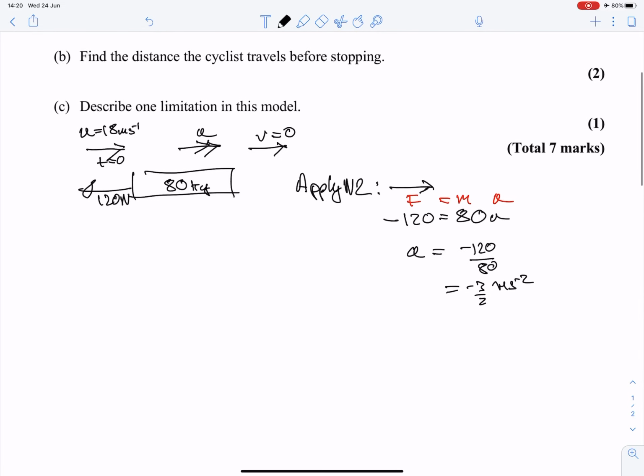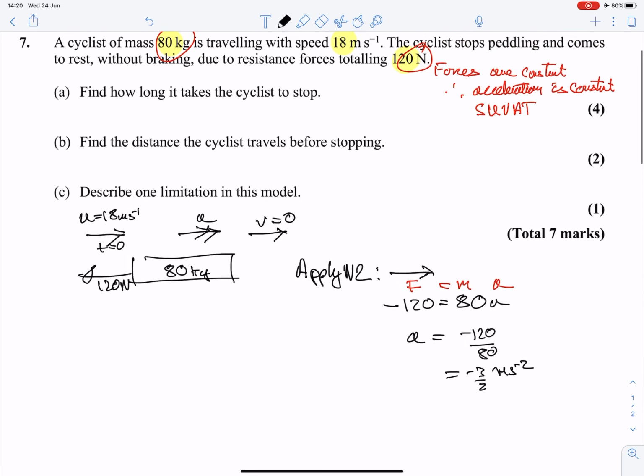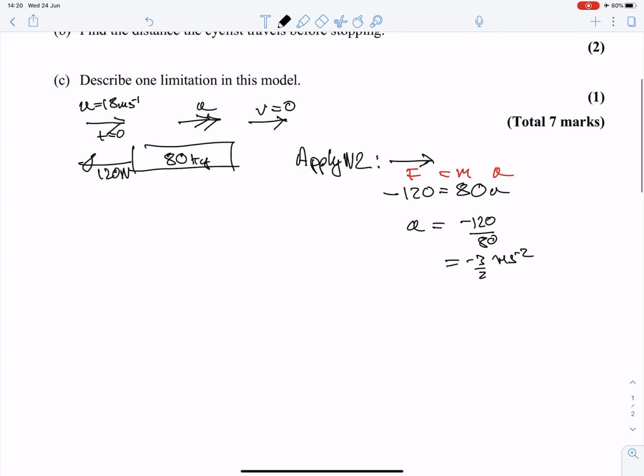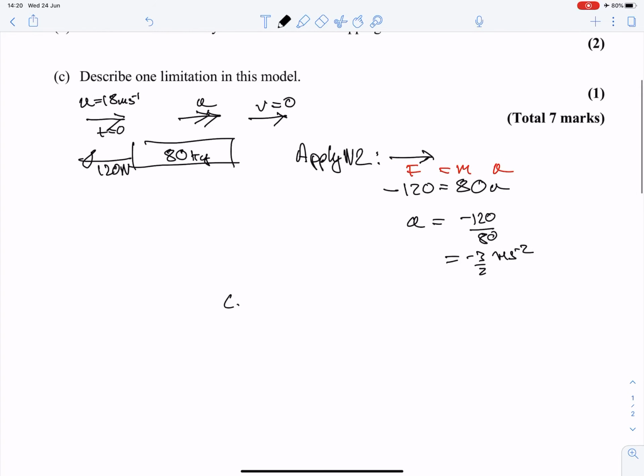So we've got the acceleration. We can now use our SUVAT to find the time it takes. So constant acceleration. We want t. We've got u equals 18, v equals 0, and a equals negative 3 over 2. So a, u, v and t suggests we should use v equals u plus at.